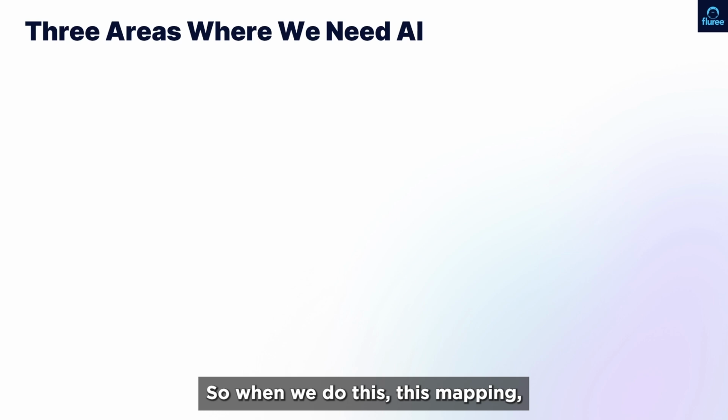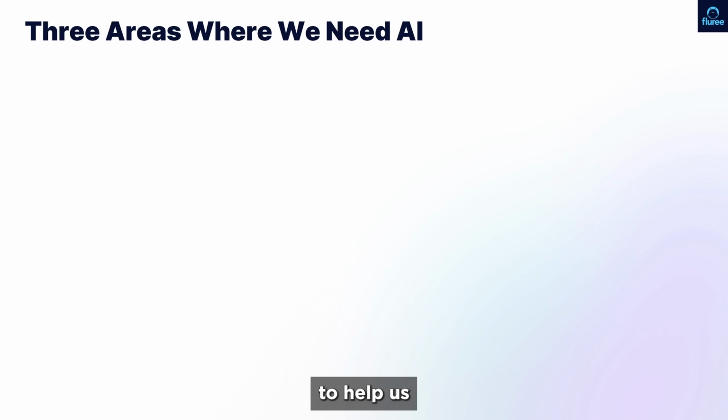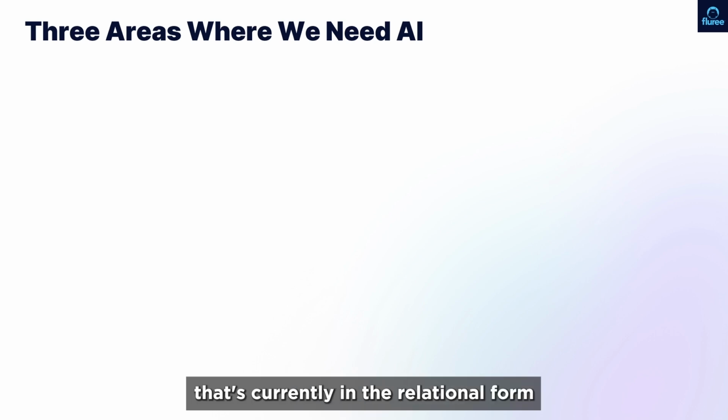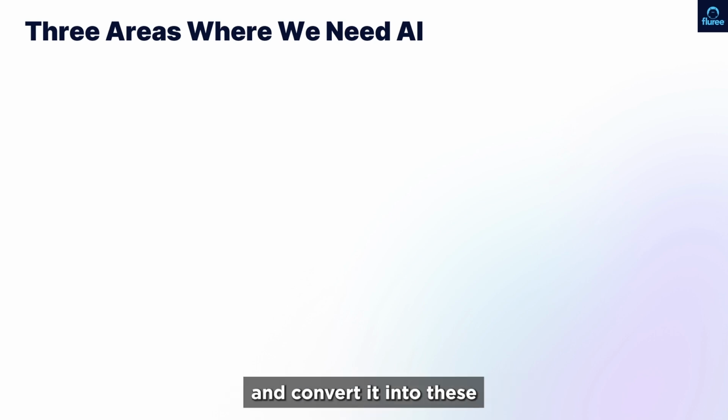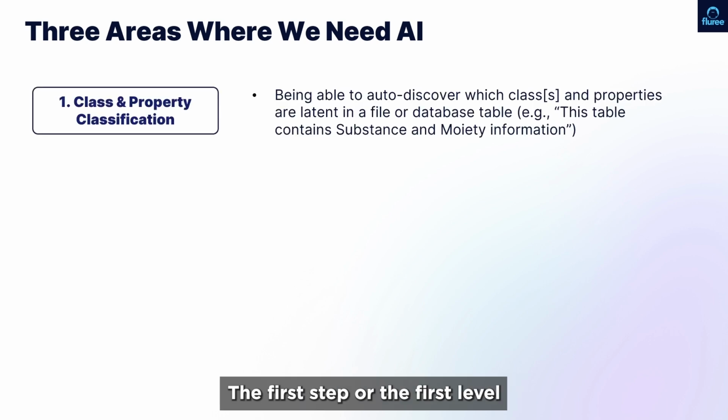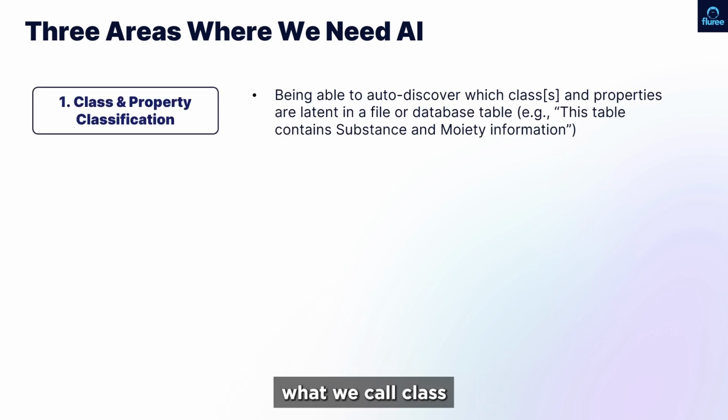So when we do this mapping, we're going to see that there are 3 different levels of sophistication, or 3 different mapping requirements, that are going to be involved to help us take the data that's currently in relational form and convert it into this kind of rich semantic format. The first level is what we call class and property classification.